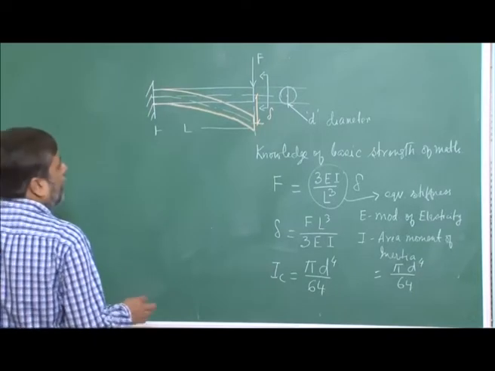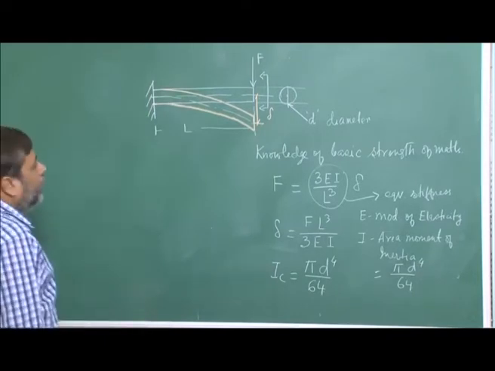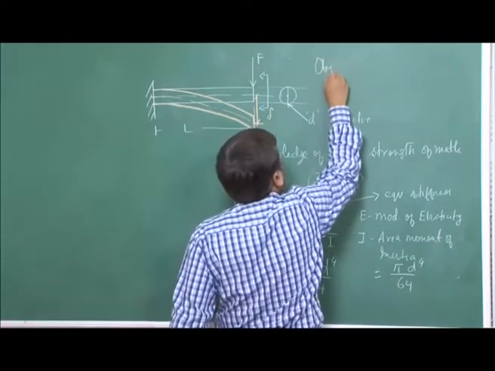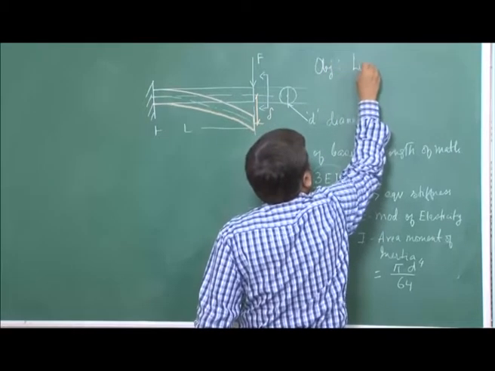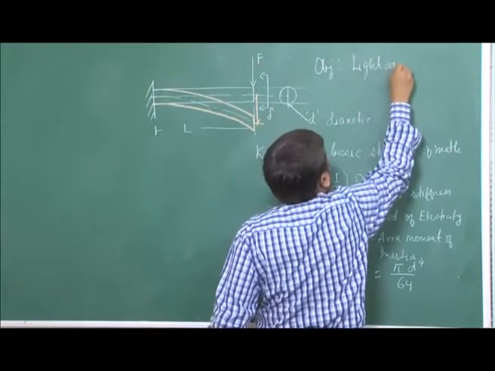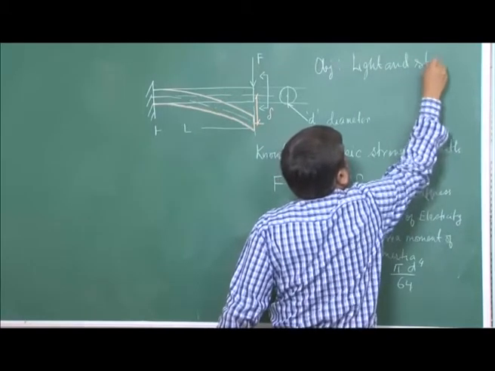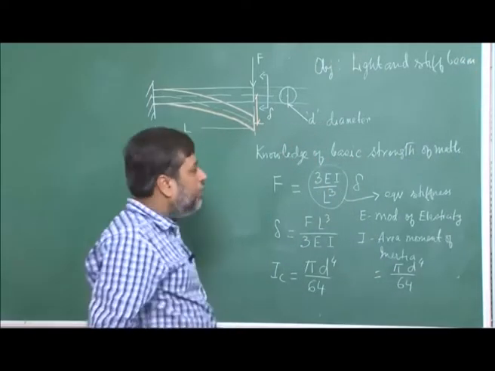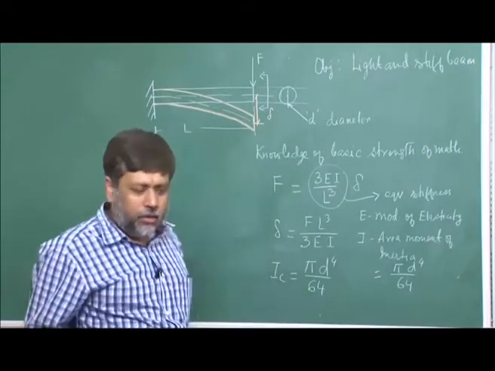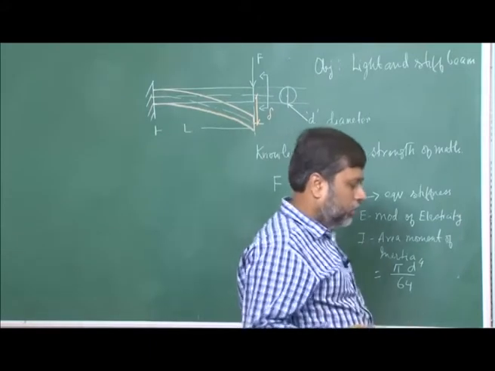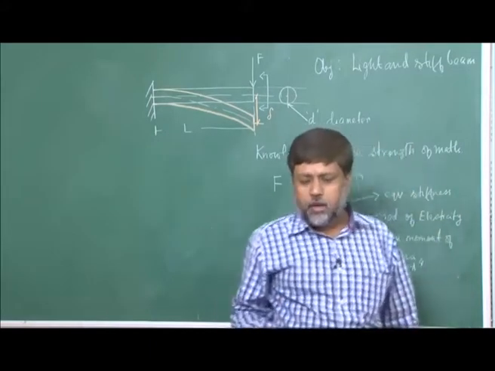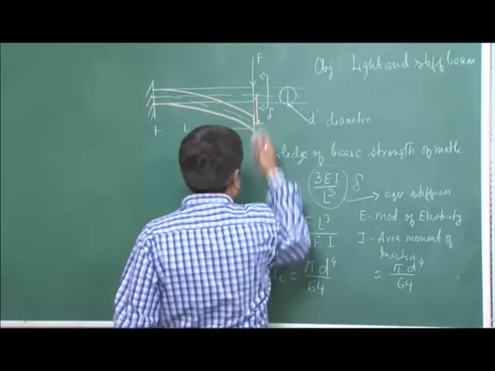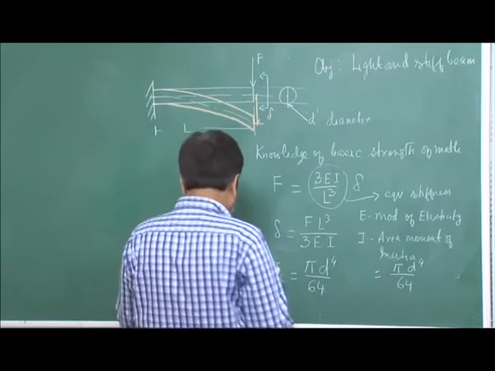The other point is that our objective is to get a light and stiff beam. It should be light enough so that the total weight, and hence the cost, is less, and stiff enough so that the deflection does not go beyond a particular level.